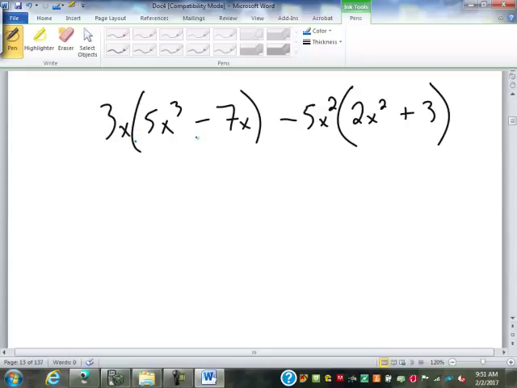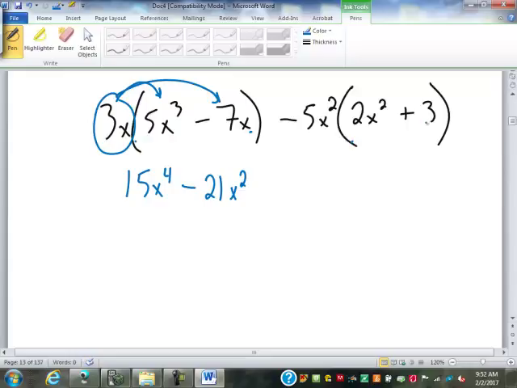Nothing to do inside that parentheses, so we have to multiply the 3x. 3x times 5x to the third for 4. Perfect. 15x to the 4. 3x times a negative 7x. Negative 21x squared. Good. Over here, this set of parentheses.